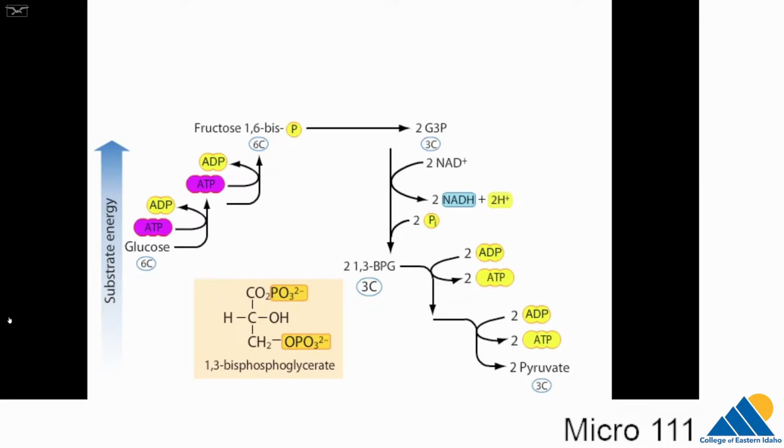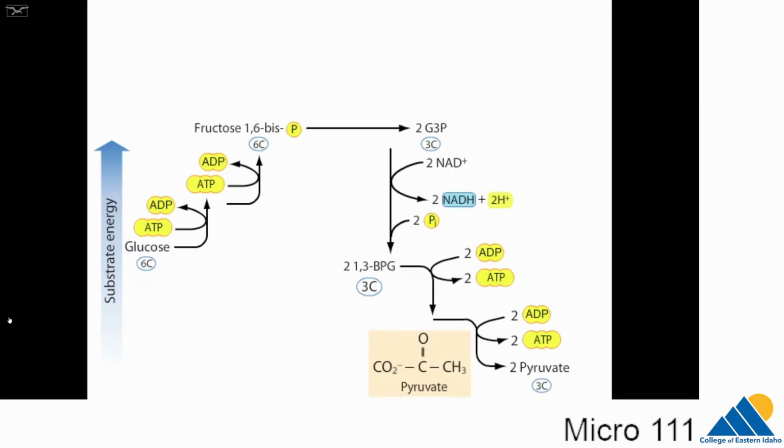Notice that although 2 ATP molecules were consumed in stage 1, 4 ATP molecules are produced in stage 2, for a net generation of 2 ATP molecules from glycolysis. At the end of glycolysis, the remaining 3-carbon molecule, pyruvate, no longer carries phosphoryl groups, but still contains a significant amount of energy that can be harvested by further oxidation.